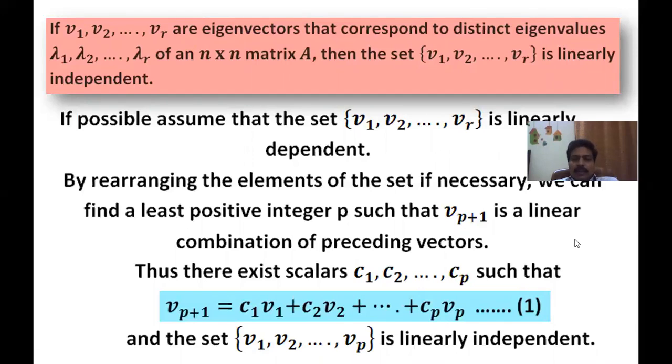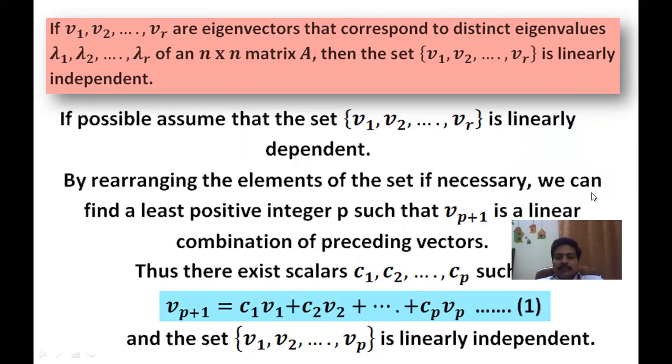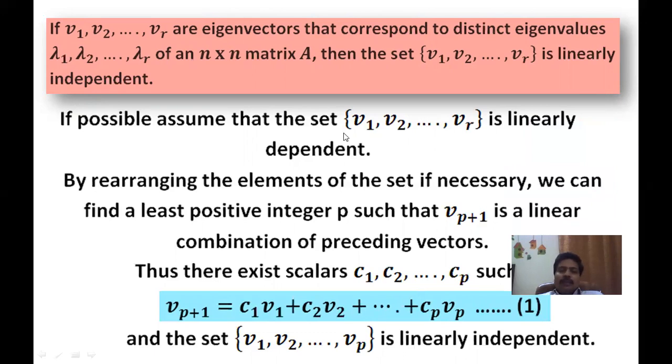To prove this statement, we have taken a contrary statement that the given set is linearly dependent. We are going to prove that this is a contradiction so that we can prove the set is linearly independent.